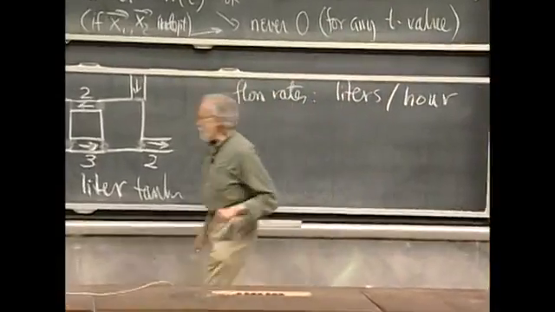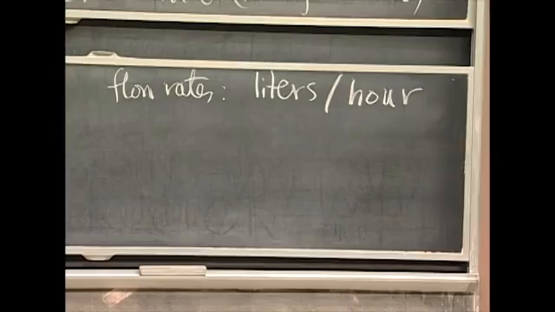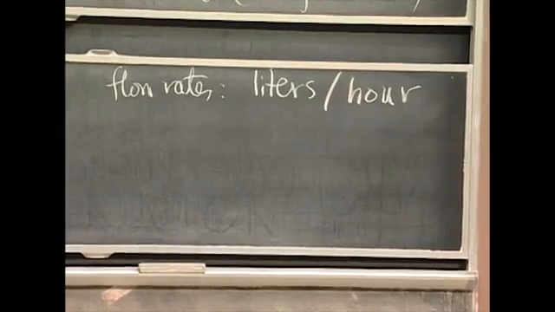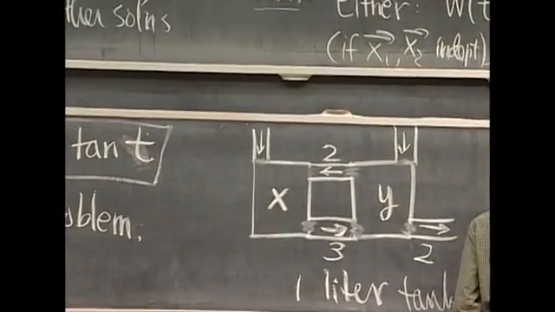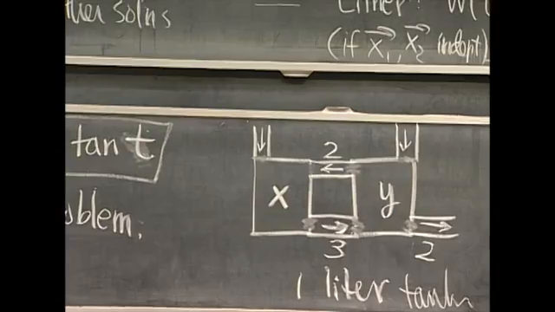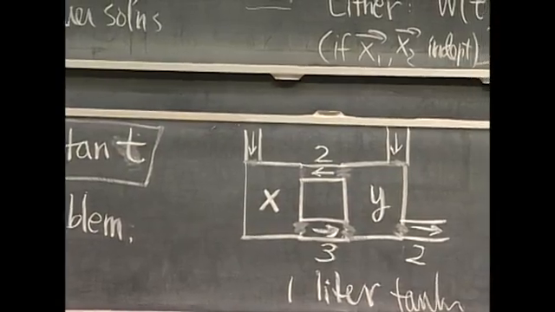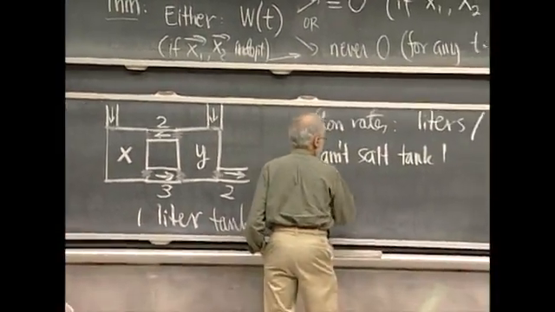And I have some dissolved substance in. So here is going to be X salt in there and some same chemical in there, whatever it is. So X is the amount of salt in tank 1, and Y, the same thing in tank 2.